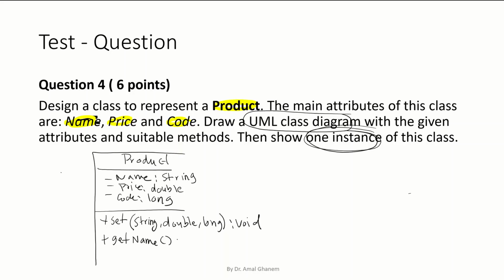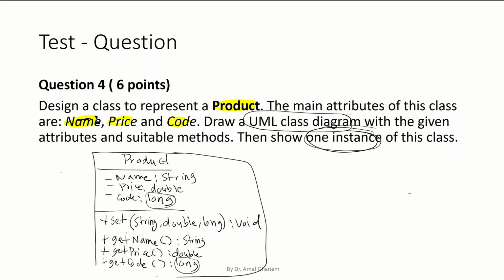I'm expecting no parameters, but I have to return string. I will say plus get price. Again, I'm expecting no parameters, but the return in this case will be double. Also, I will say get code. We have no parameters, but the return type will be long. So if I mentioned that here the data type is long for code, the return here will be long. If we mention it is a string, it means the return type should be a string.